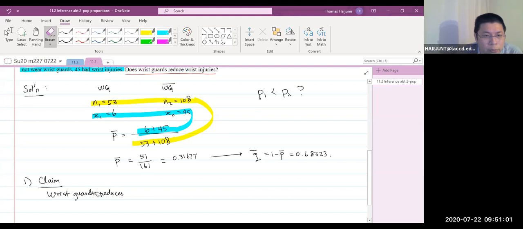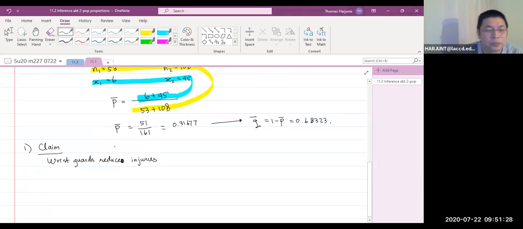So I'm not good with my English, but I think if you use S here, you don't need to use S there. So I think this should be do risk guards reduce risk injuries. No, I don't want to be a grammar ninja. Just leave it like that, okay? I'm not teaching you English.